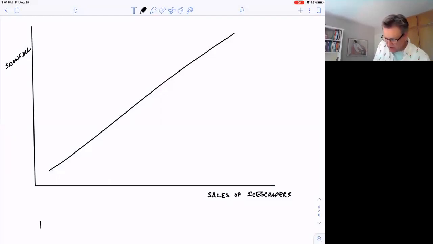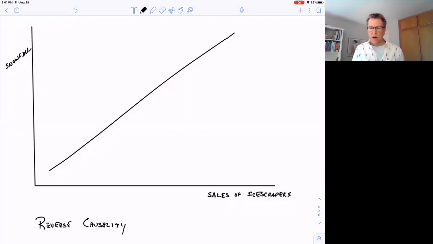This is known as reverse causality. X isn't causing Y, Y is causing X. Or in some cases, X might be causing Y and Y is causing X too. It's very difficult to say because there's some reverse causality going on.